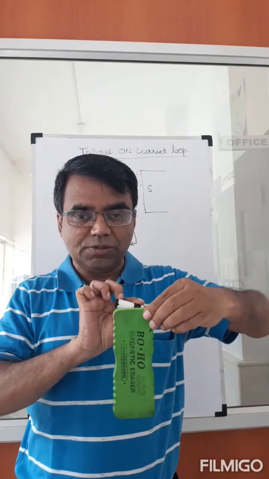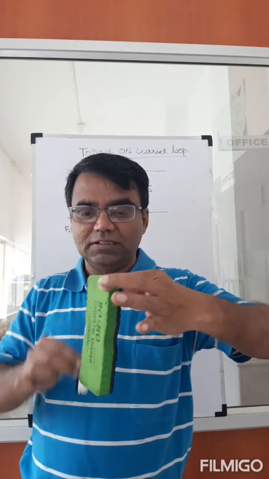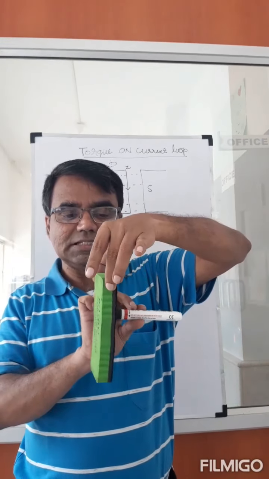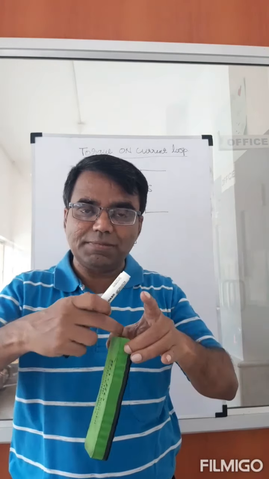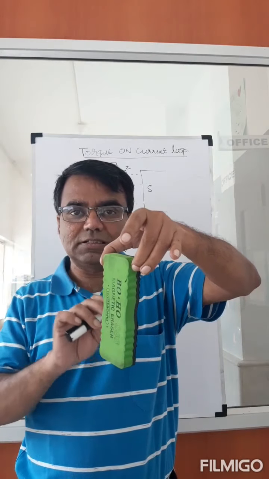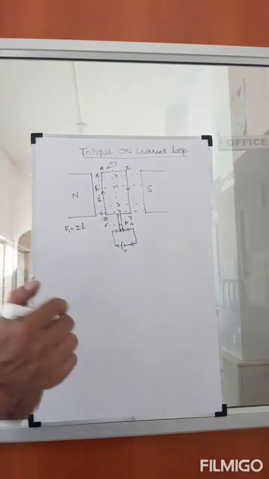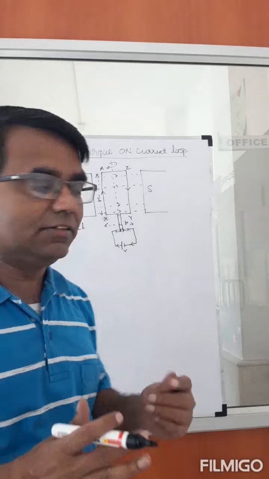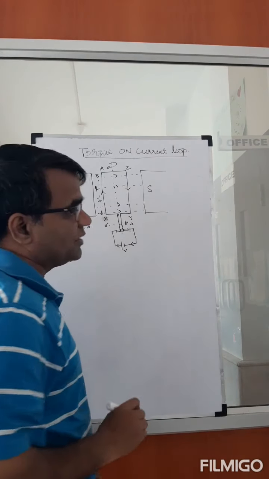B is in this direction, so whichever direction this turns, this vertical part of the loop is 90 degrees to the field. The loop may make an angle, but this part will not make any other angle than 90 degrees. So I L cross B gives me ILB sine theta, but theta is 90 here, so I'm going to write ILB. That's the force experienced by this.